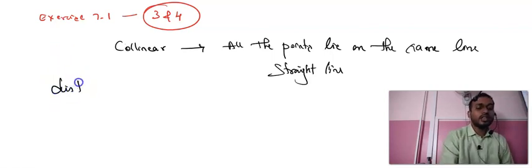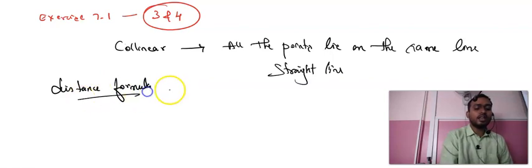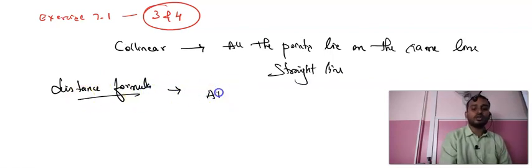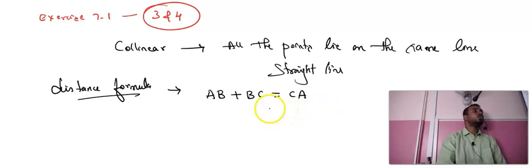In case you are using distance formula to prove they are collinear, then you have to use the condition AB plus BC is equal to CA. LHS should be equal to RHS. First find the distance AB, then BC, then CA, then add AB plus BC, that is LHS. See the answer, that should be equal to RHS. Hence they are collinear.